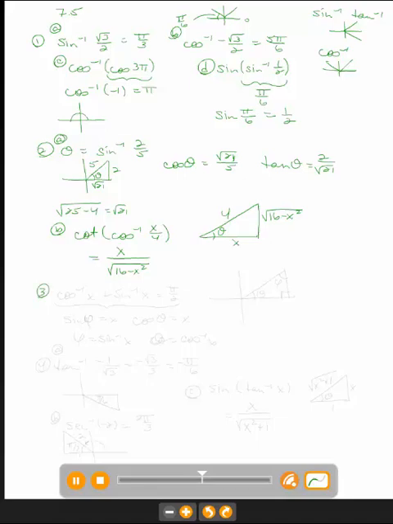All right, example 3, we're basically proving an identity here. They want us to prove that the arc cosine of x plus the arc sine of x is equal to pi over 2. And if you draw it, we'll just do it in the first quadrant.